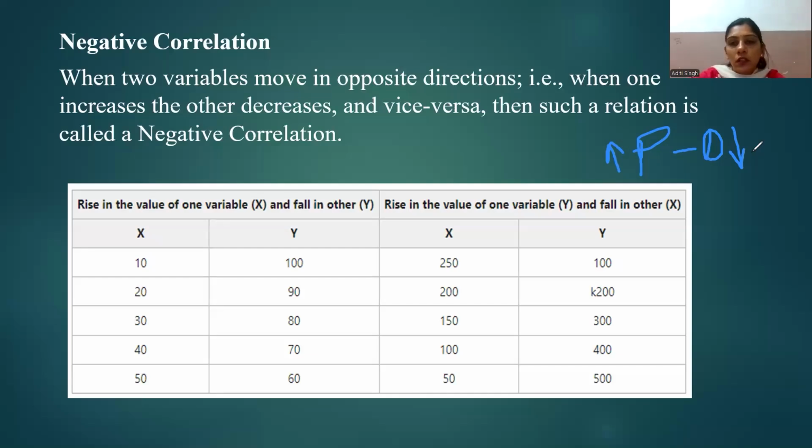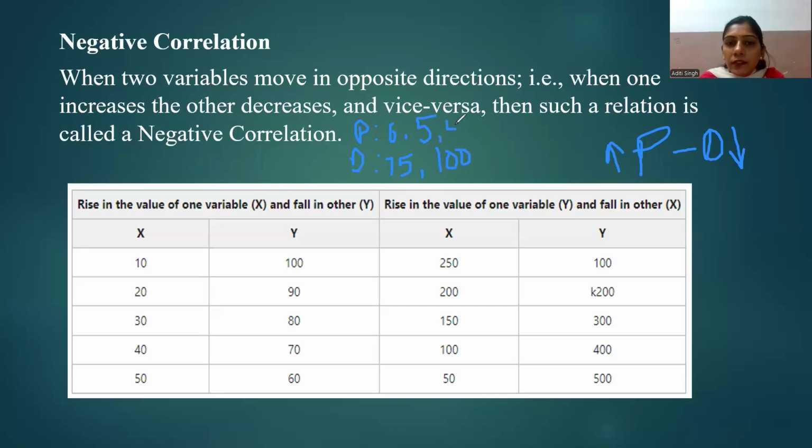Suppose the price of a product is 6, and if the price is 6, then the demand is, let's assume, 75. And if the price is 5, demand increases to 100.